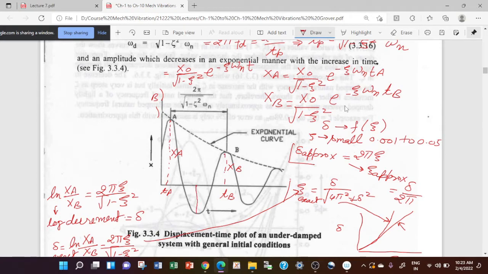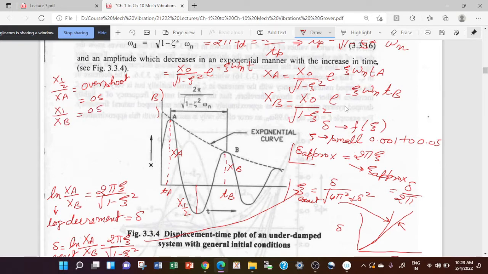So I can write this is simply x half. So here you can say x half upon xa is basically overshoot. I can say simply OS here. So I can also write x half upon xb is again an overshoot.